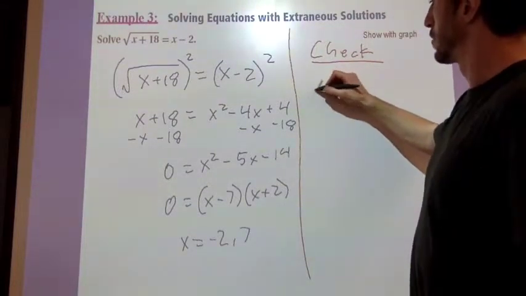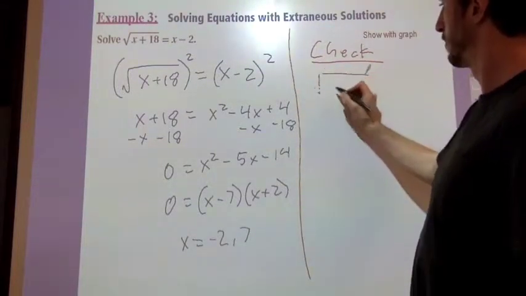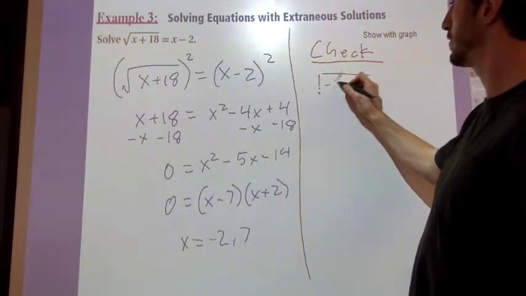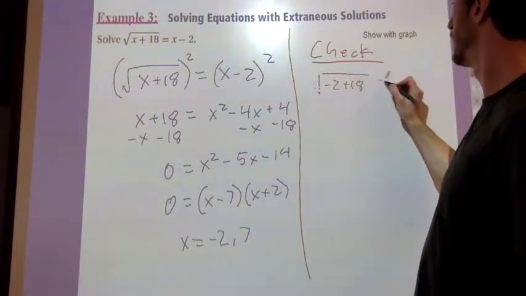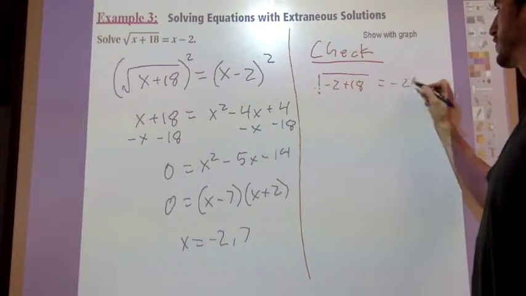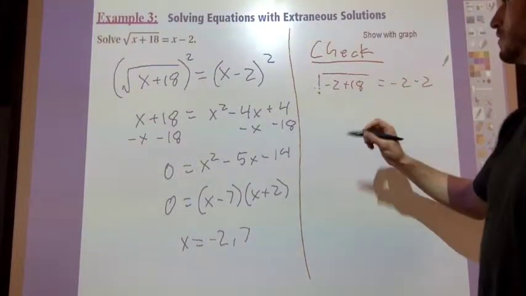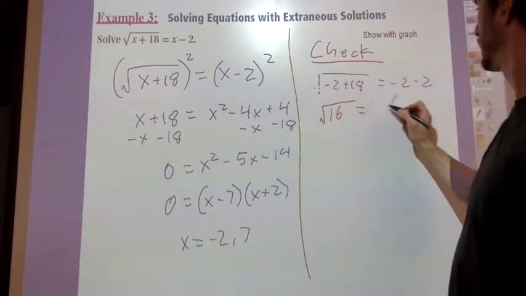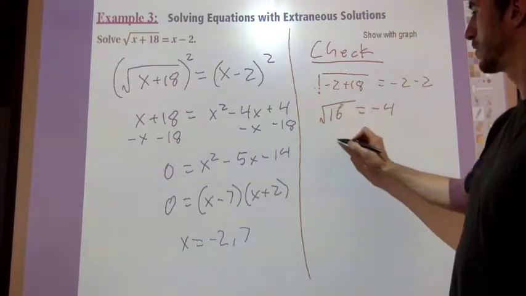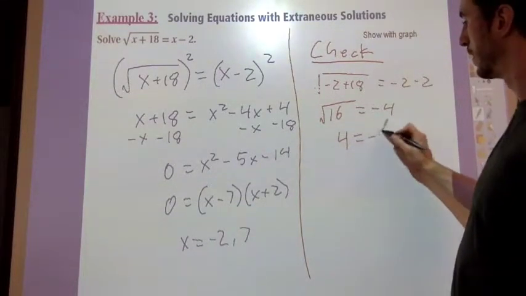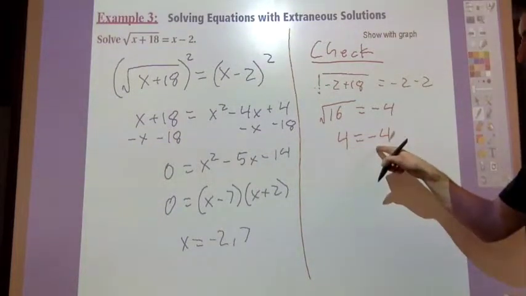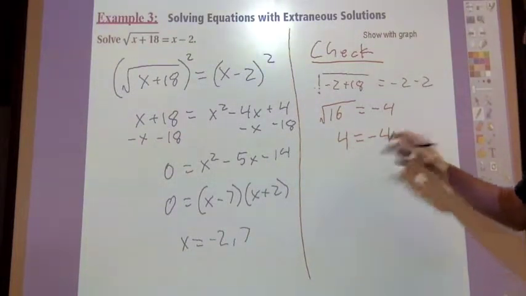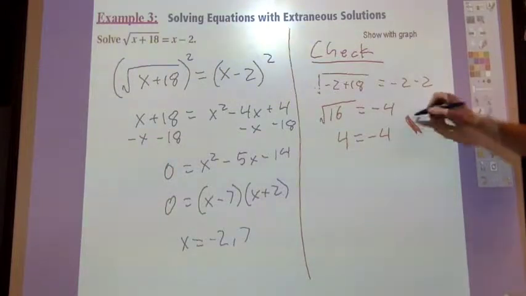I've got the square root of negative 2 plus 18 equals negative 2 minus 2. Negative 2 plus 18 is 16, so the square root of 16 equals negative 4. The square root of 16 is positive 4. Positive 4 does not equal negative 4, so this is a big red X.